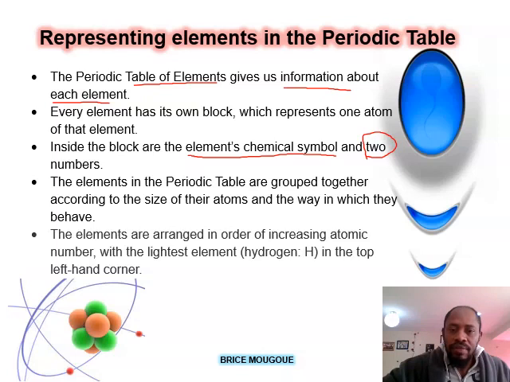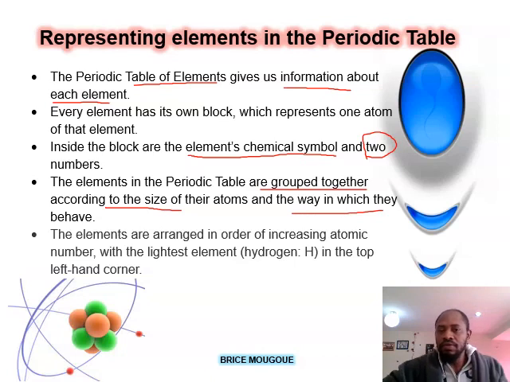So the elements in the periodic table are grouped together according to the size of the atom and the way in which they behave, from small size to big size. That's how the elements are grouped, because the sizes vary, but some sizes are similar. And the manners of behavior are also similar; although these elements are all different, there are just some similarities in their behavior.